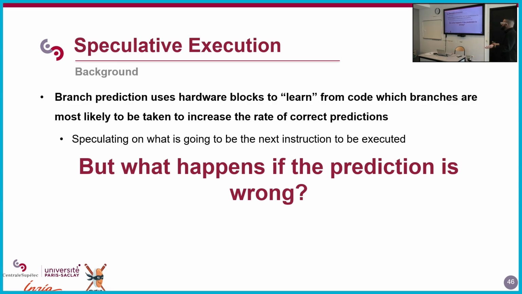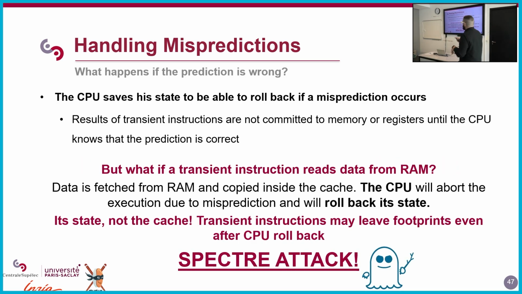This is called speculative execution, but the CPU saves the state, I mean, the values. Some data that have been put into the cache remain there, even if the CPU restored to the previous, to another state. And that's the Spectre attack.